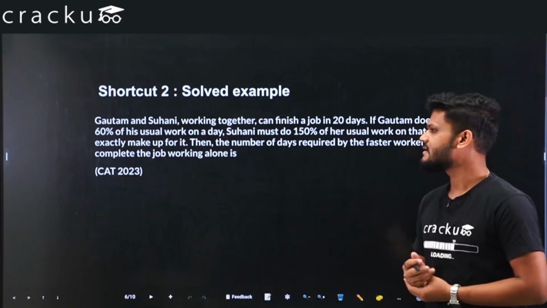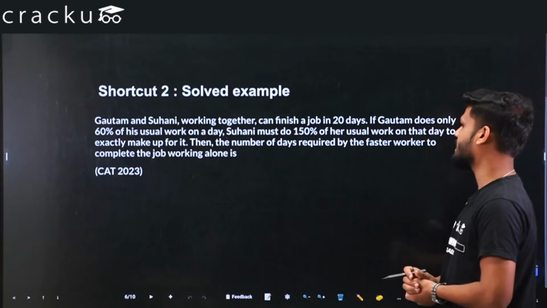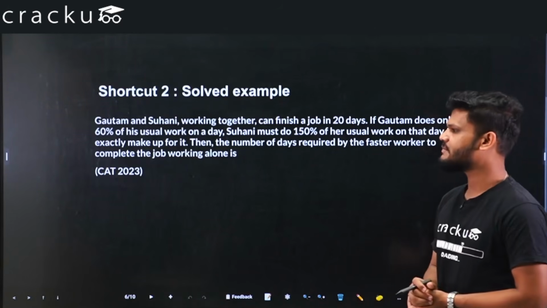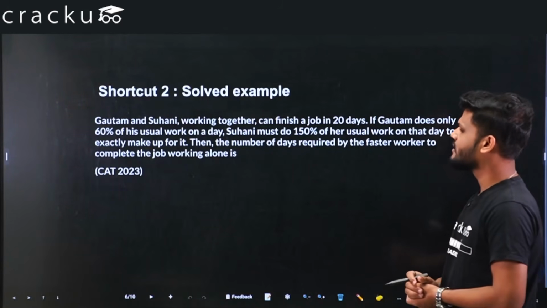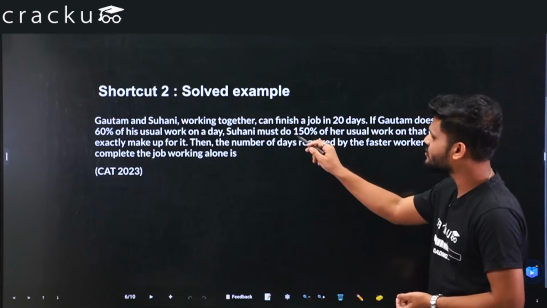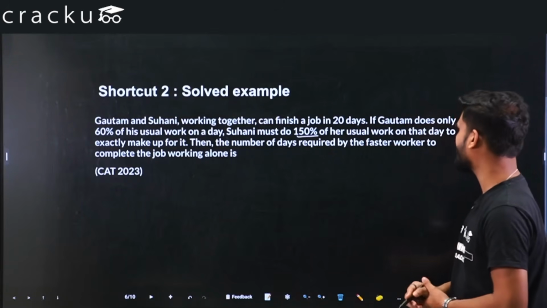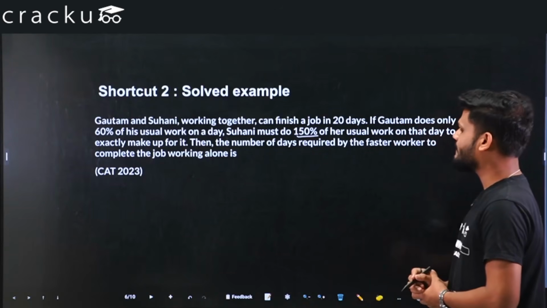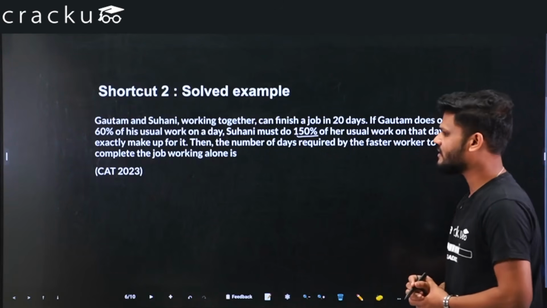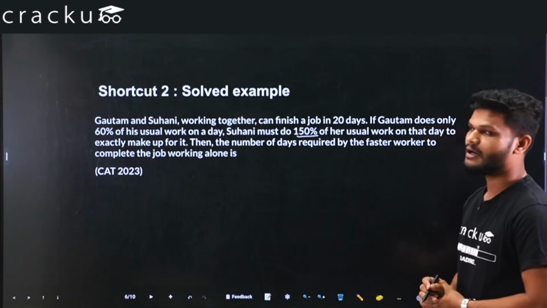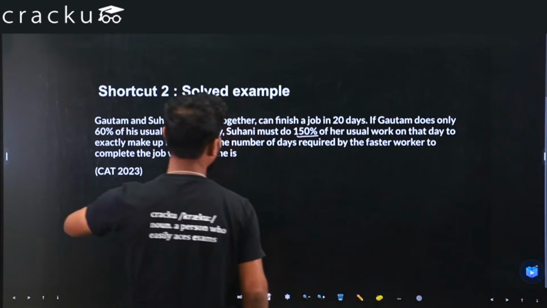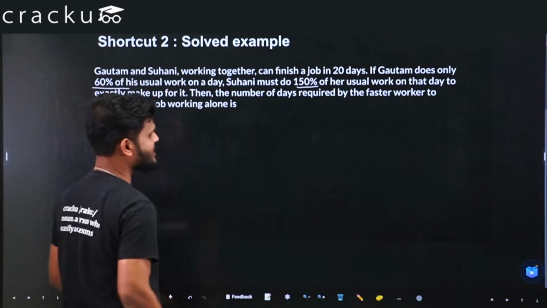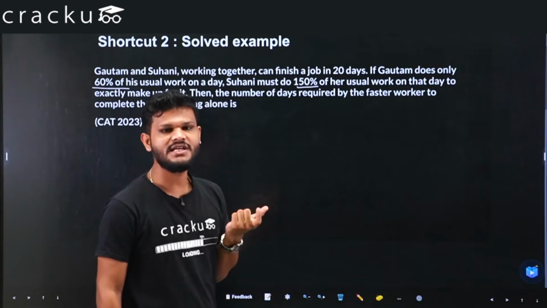So this says Gautam and Suhani working together can finish the job in 20 days. If Gautam does only 60% of his usual work on a day, Suhani must do 150% of her usual work on that day to exactly make up for it. Then the number of days required for the faster worker to complete the job working alone is what? So if Gautam works only at 60% of his efficiency, how much deficit is there?